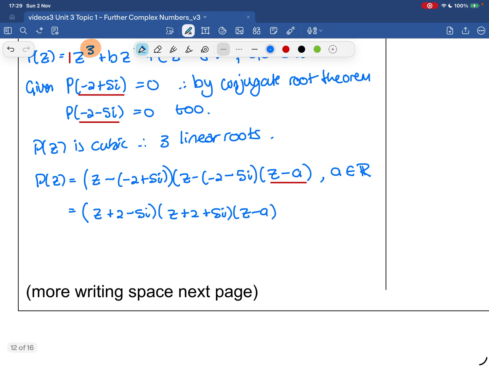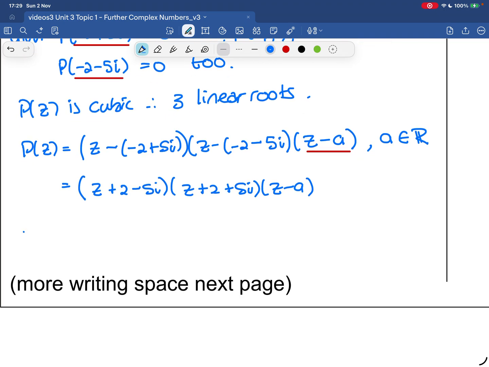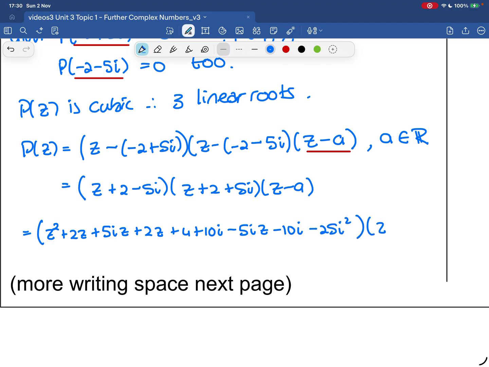Okay. I'm now going to expand these brackets. I'll start with the complex side of things. So we'll start with our first two brackets, and I've got z squared plus 2z plus 5iz plus 2z plus 4 plus 10i minus 5iz minus 10i minus 25i squared, multiplied by z minus a.